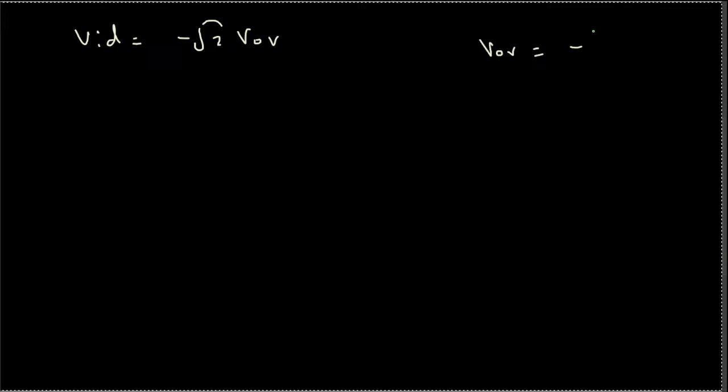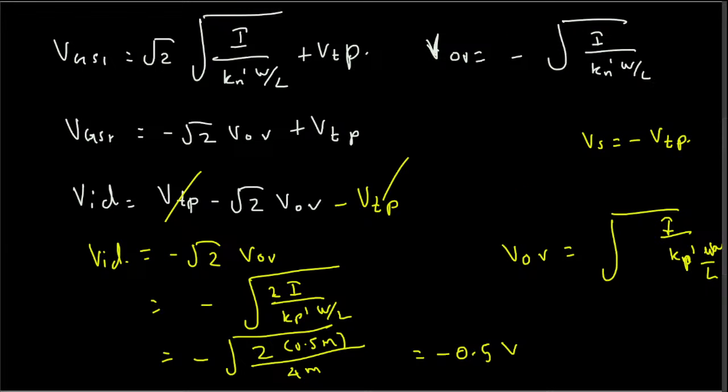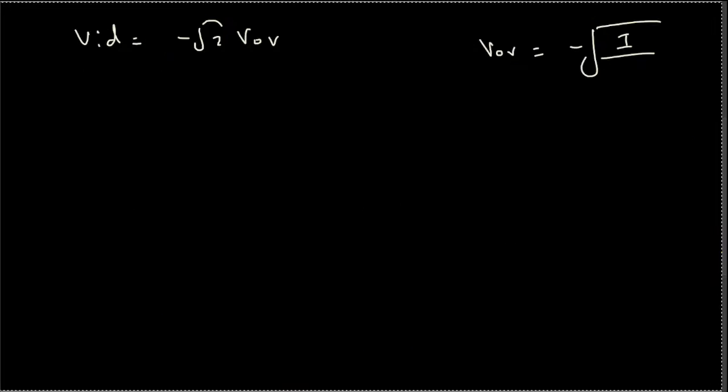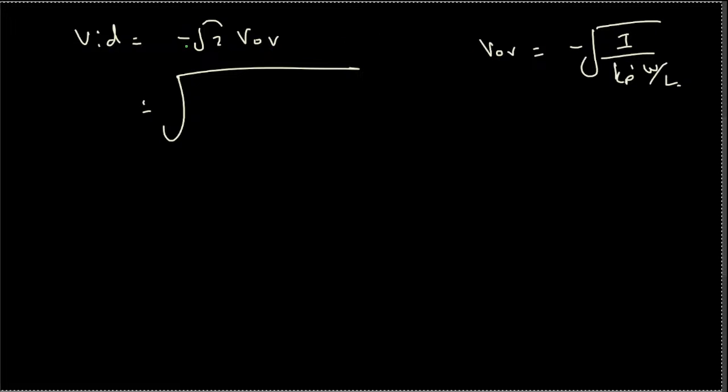So this is going to be negative square root of I divided by Kp prime W over L. Plug in all the values like the one we did before. Instead of writing the square root outside, we can also write the 2 inside of this equation. And also, since the negatives cancel and become positive, this is going to be 2I divided by Kp prime W over L.